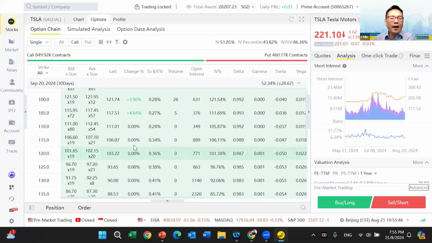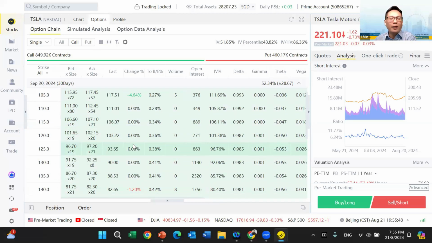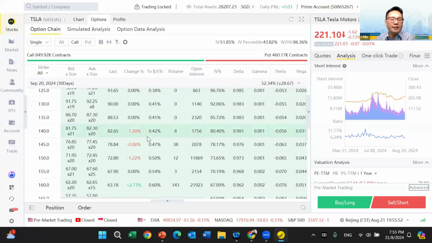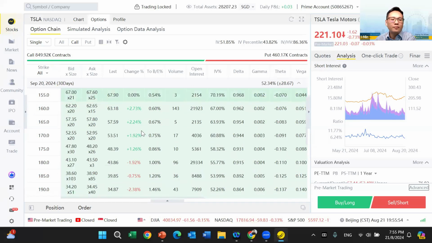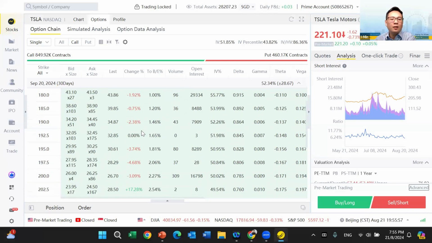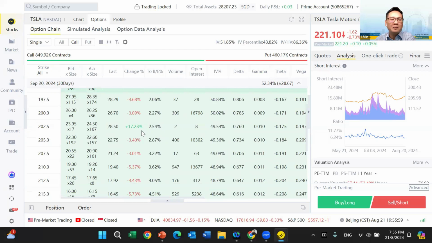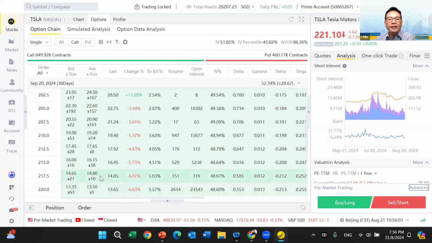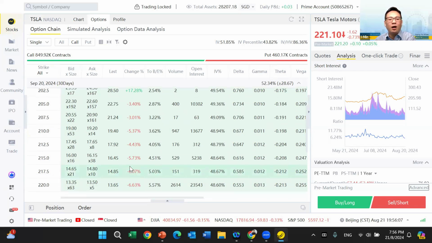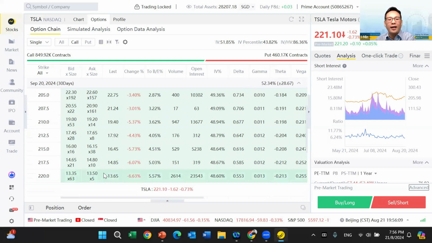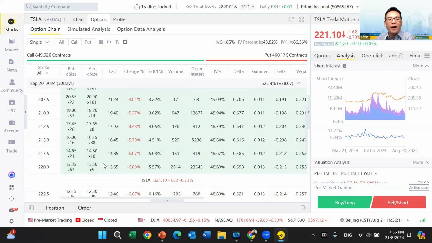Assuming I want a strike price similar to the current one, let's say 220, you can see the option price is about $13.65.